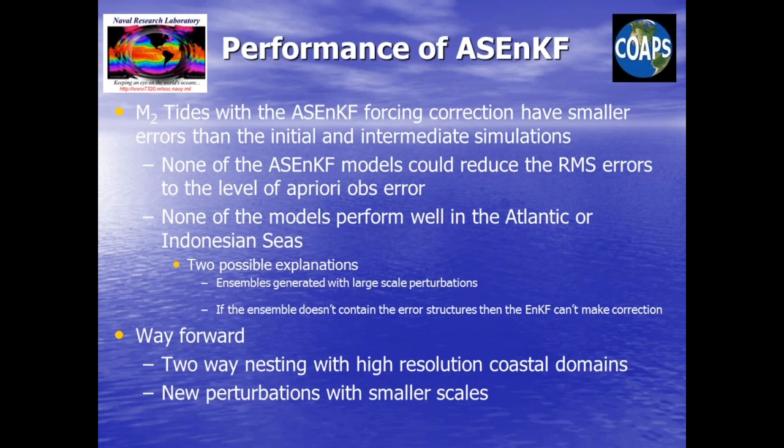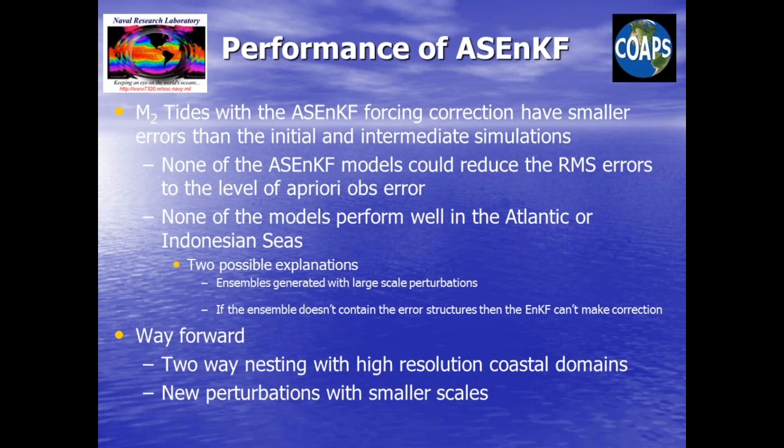And so if the ensemble never generates an improvement in a region, you can never make any correction to make it better. So that's what we think happened in this particular case, that the large-scale forcing perturbations that we applied just didn't make a big difference in the Atlantic. I mean, they made some, but not as much as we would like.